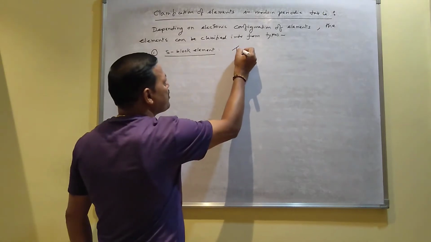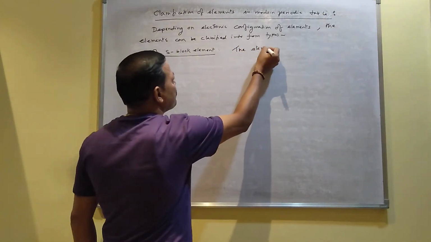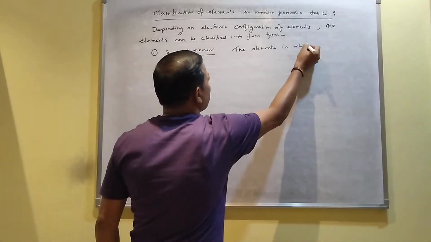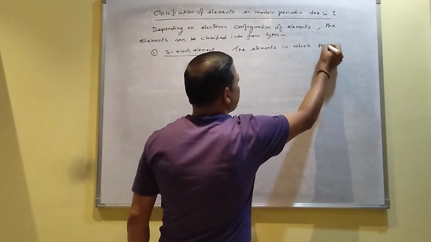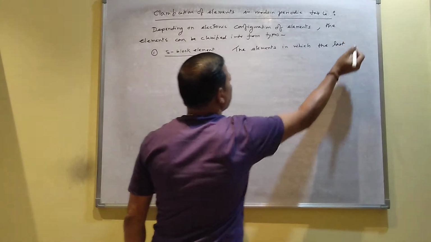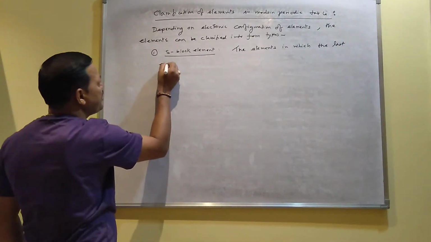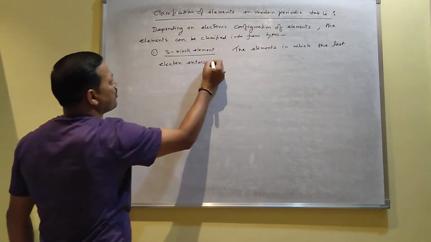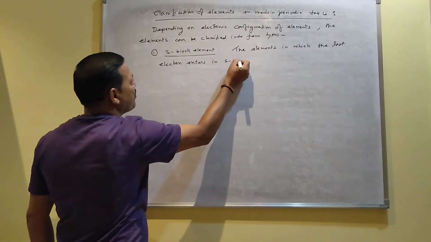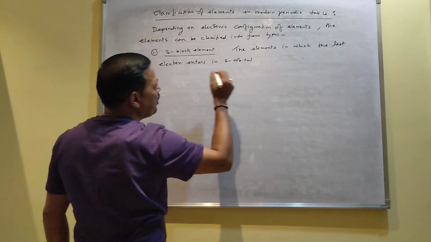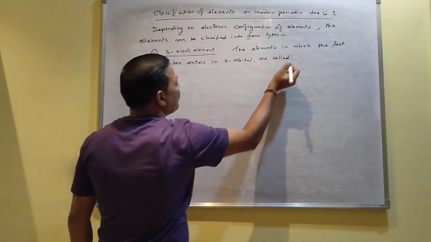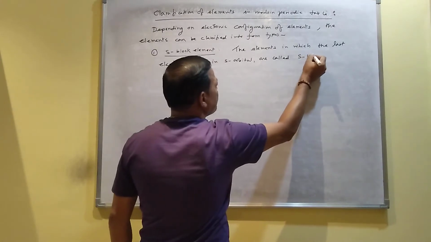The elements in which the last electron enters in S orbital are called S block elements.